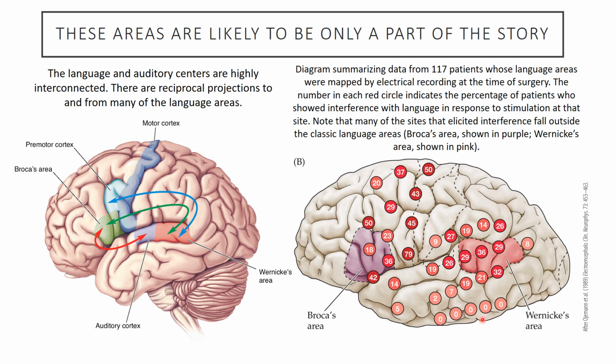So this is an interesting diagram summarizing data from 117 patients that had language areas mapped using electrical recordings at the time of surgery. The number within each of these circles indicates the percentage of patients who showed interference with language in response to stimulation. When they stimulated way down here on the temporal lobe, they saw no effect on language.